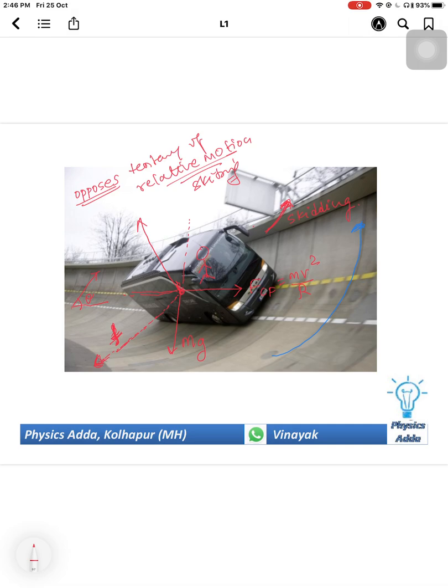So if I am drawing the FBD, free body diagram, for this problem, it will go like this. Here I am having a plane of inclination, or inclined plane, at an angle theta. This is my vehicle. What are the forces acting on it?